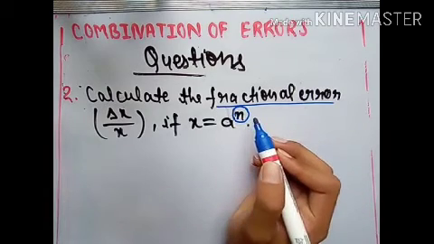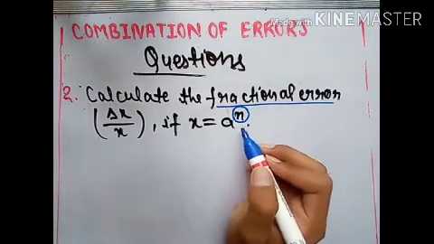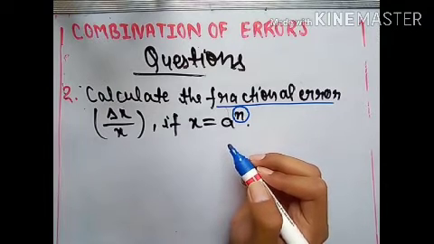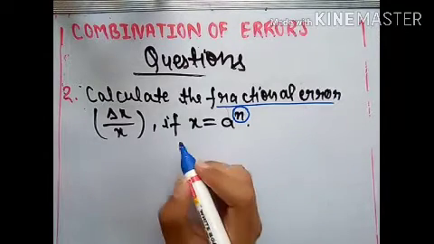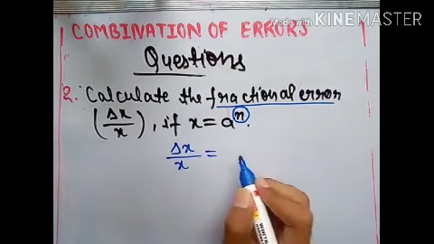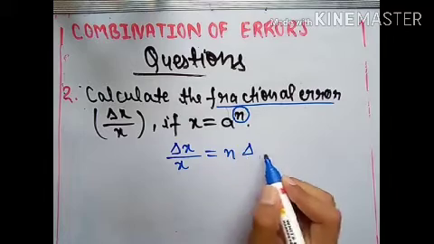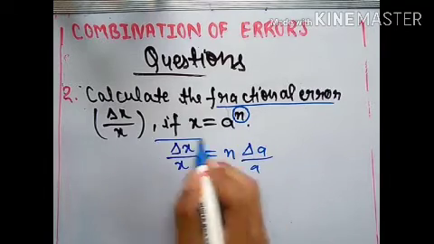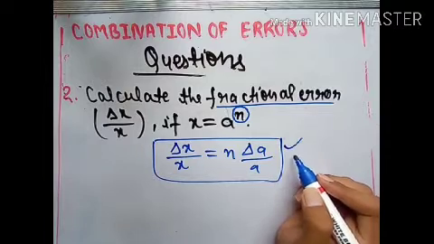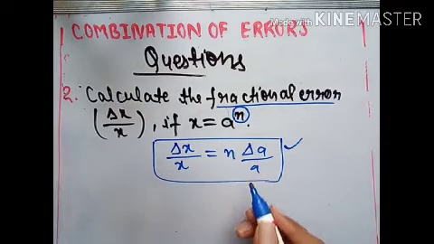This number is n. So are you feeling that n will come over as I told earlier? Remember that? Okay, good. So you can write it as delta x upon x is equal to n times delta a upon a. That's it. Understand? It was so easy.